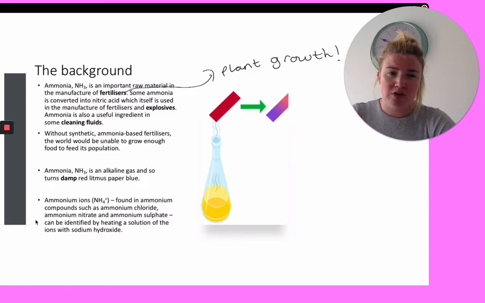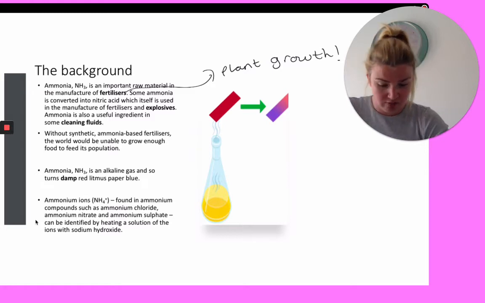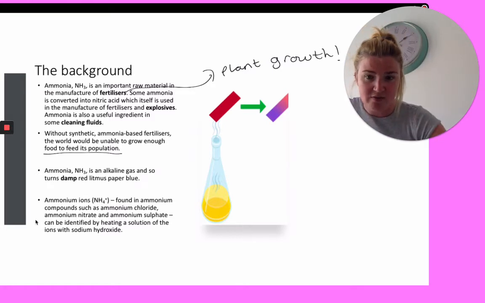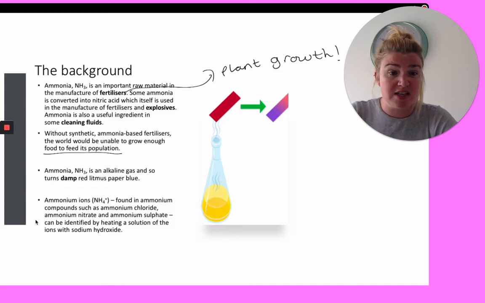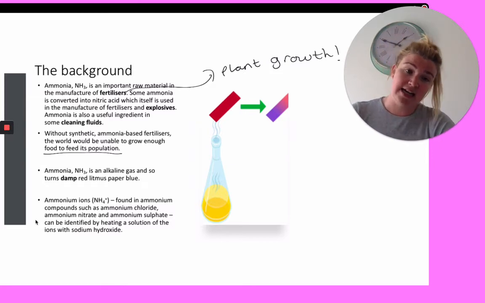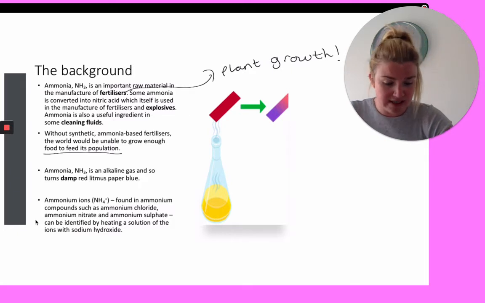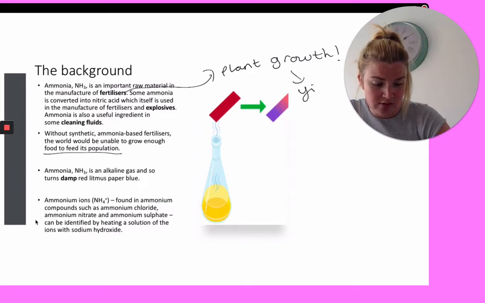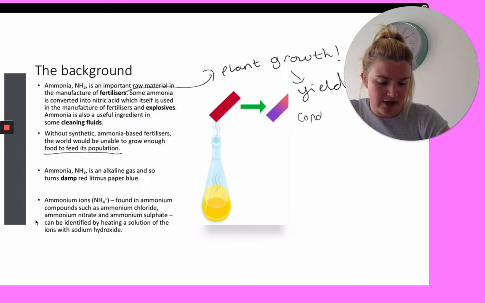So it's really important that we have a manufacturer of ammonia to be able to grow food, to feed the population. Fertilisers help plants grow better and be less likely to catch diseases, so you increase the yield and the condition of the plants.